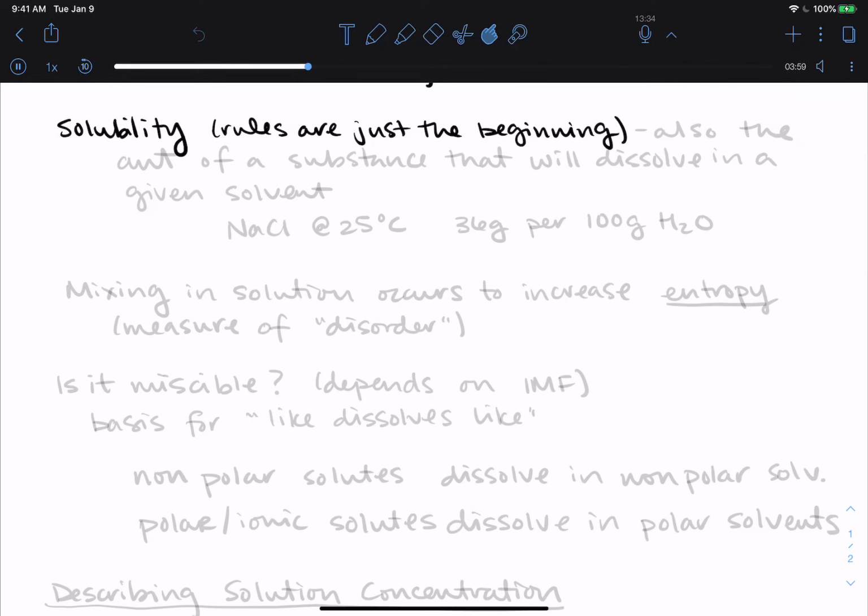So for solubility, we can also talk about this as the amount of a substance that will dissolve in a given solvent.